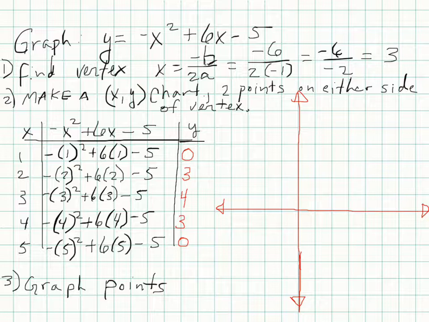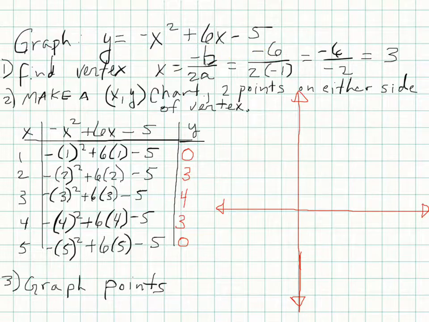That's too much guess and check. So what you have to do is find out where the vertex is, where it turns and goes the other way. Because if you find the vertex, it's symmetrical on the left-hand side of the vertex as it is on the right-hand side.